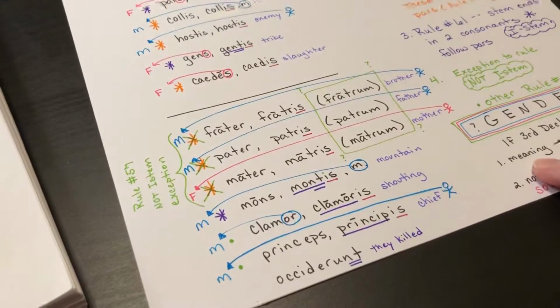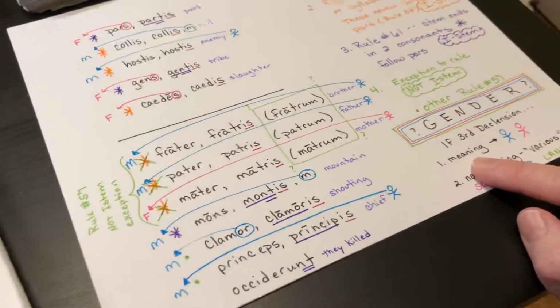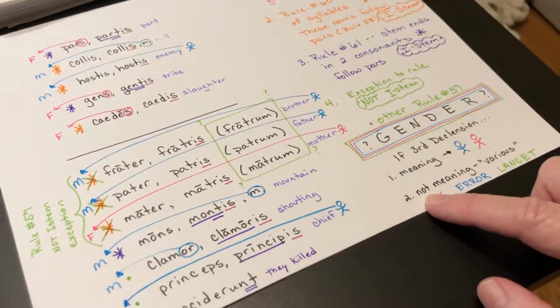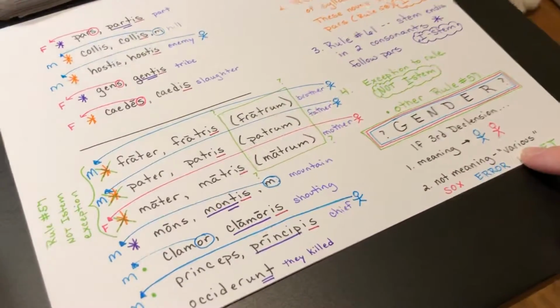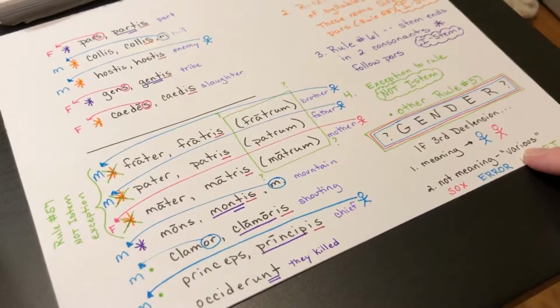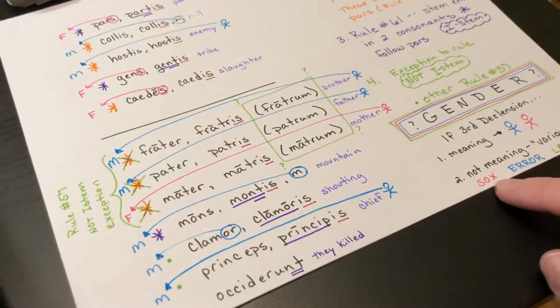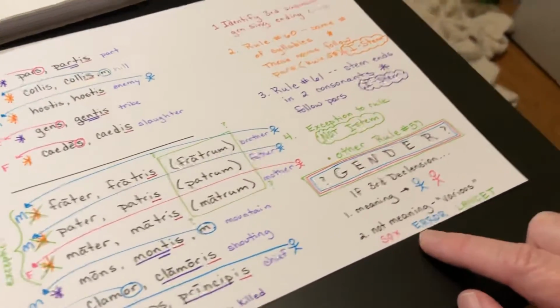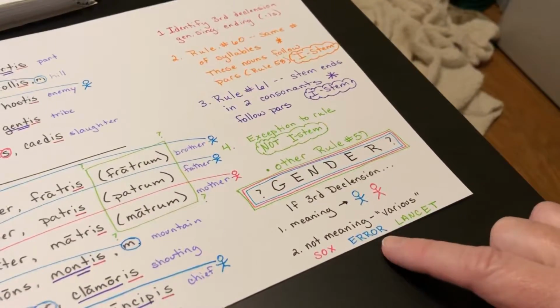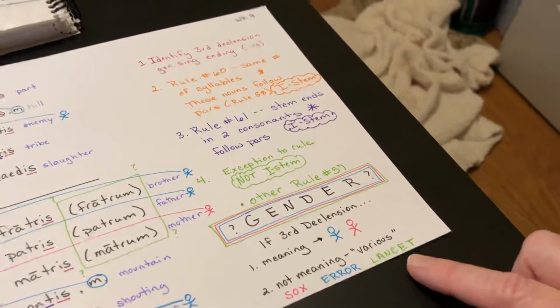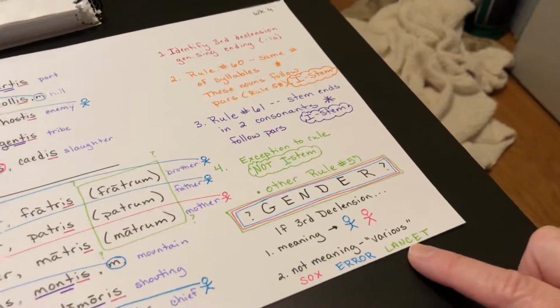Now, once we've identified all of the meanings that refer to people, we go to the ones where the meaning doesn't really matter. This is where we look at our nominative singular endings, and we identify if they end in S-O-X, they're feminine, E-R or O-R, they're masculine, and then L-A-N-C-E-T is neuter, which we haven't actually gotten to in any of these yet.